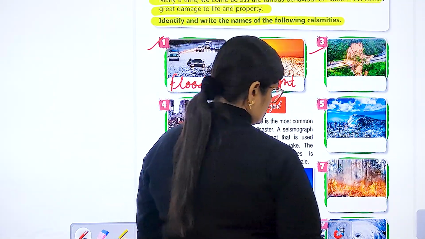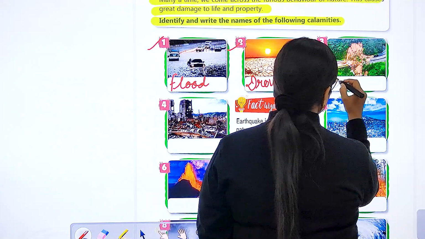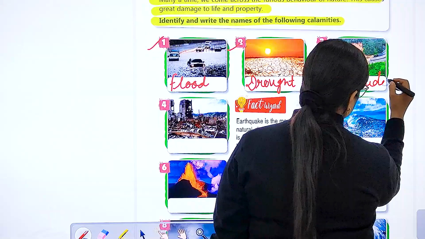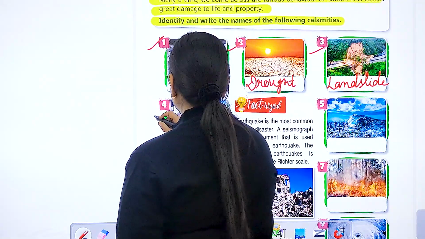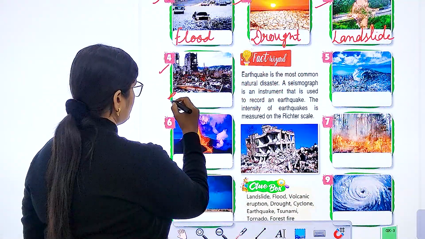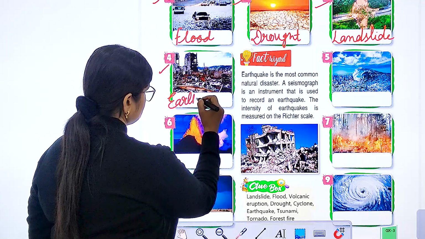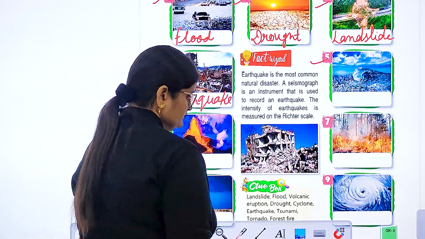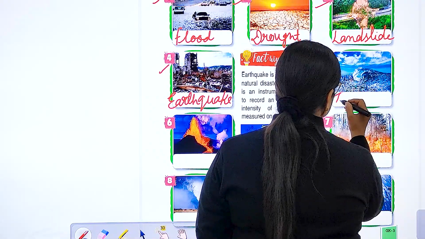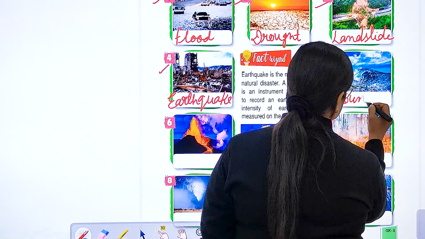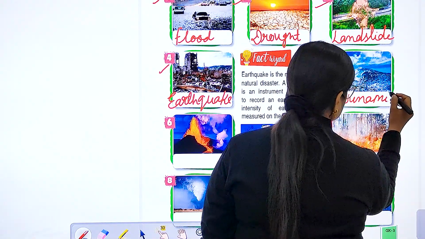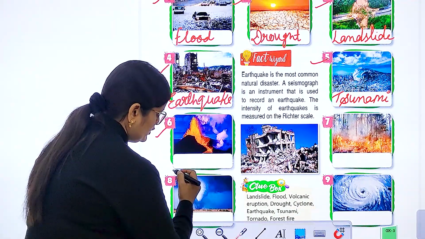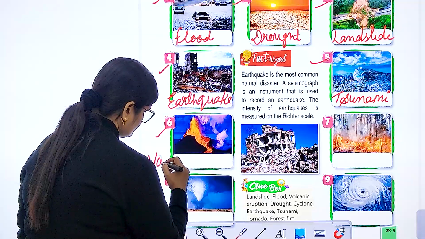Third one is landslide. Four is earthquake. Number 5 is tsunami. Number 6, volcanic eruption.